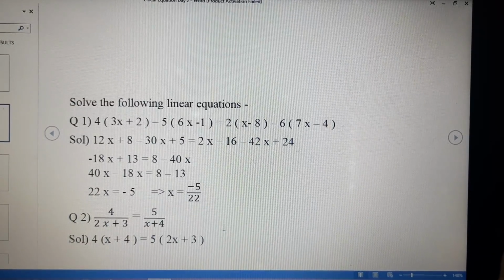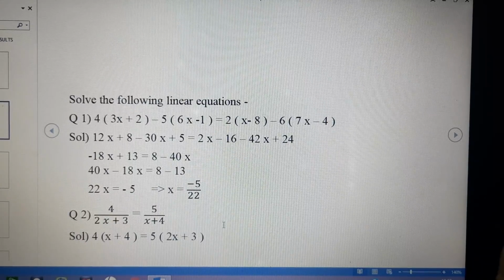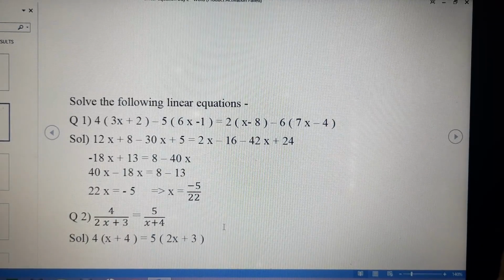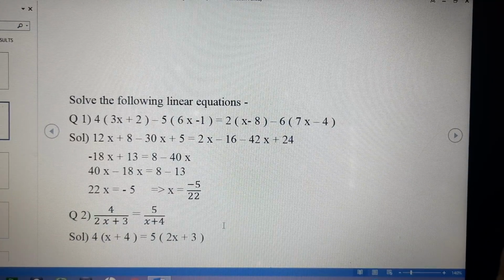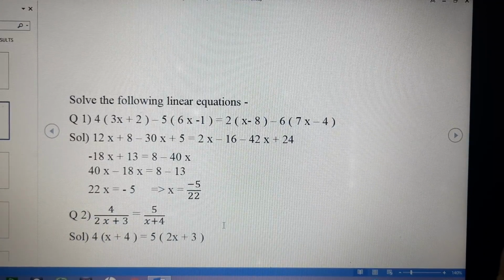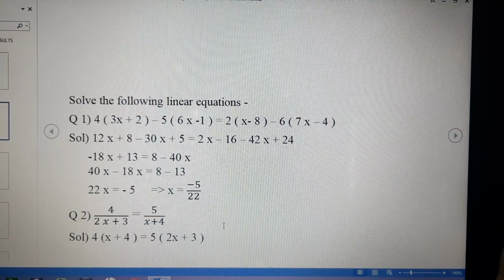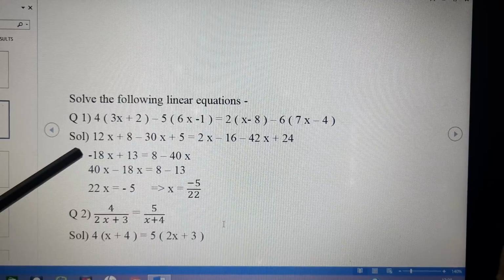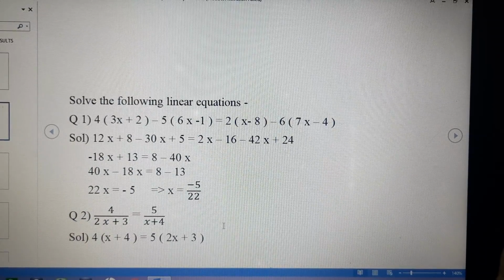As I said, we have to assemble, we have to bring all the variables together and all the constants on the other side, because we have to isolate the variable. So 40x will be brought here. Again, be smart, try to keep the variable positive.